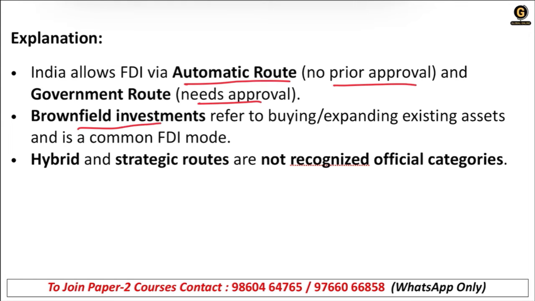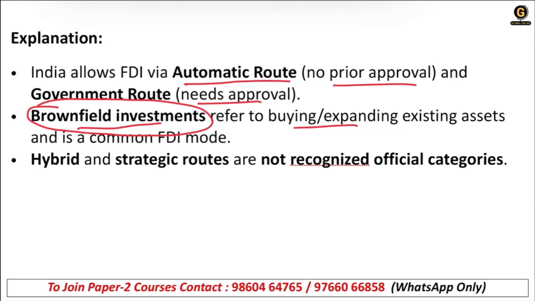Brownfield investment is a type of FDI, which refers to buying or expanding existing assets, and is a common FDI mode. Correct. Brownfield means you are acquiring an existing company or existing business. That is a type of FDI.